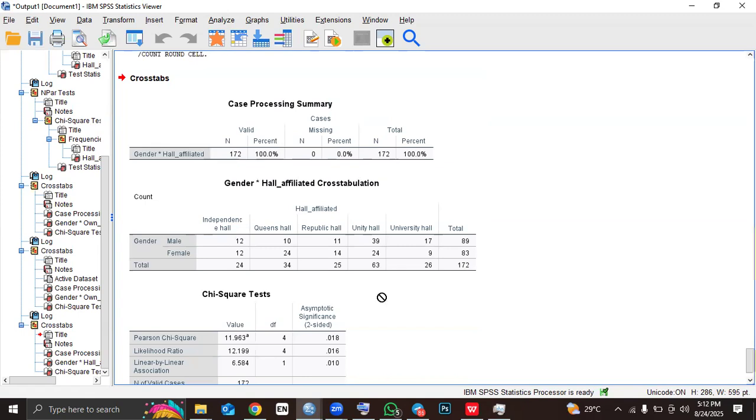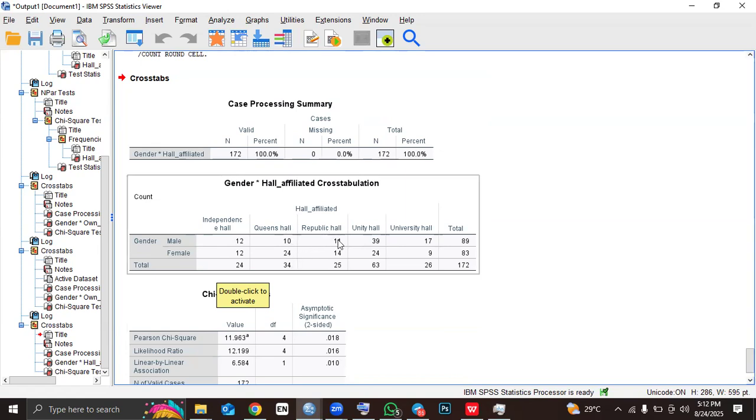Now, when we come to our cross tabulation, we can see that in Independence Hall, we had 12 males and 12 females. In Queen's Hall, we had 10 males and 24 females.